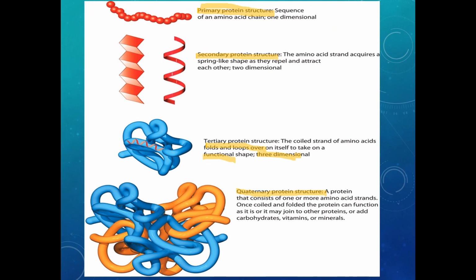The tertiary, with the strands and the folds and loops, will be folded again and coiled again. Here we have more than one, just to meet the function. So it may be joined to other proteins, or added to carbohydrates, added to vitamins, added to minerals, all of this to meet its function.